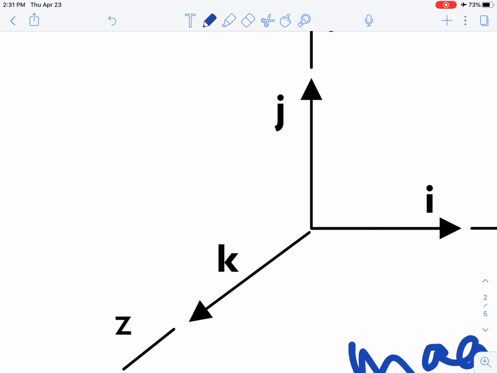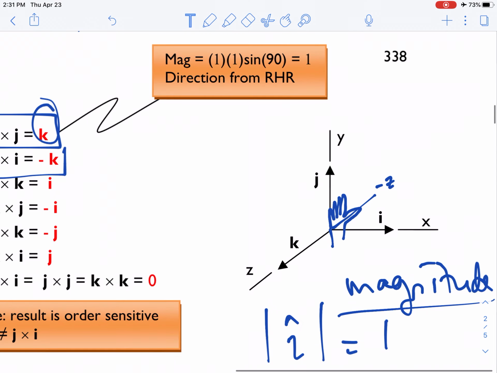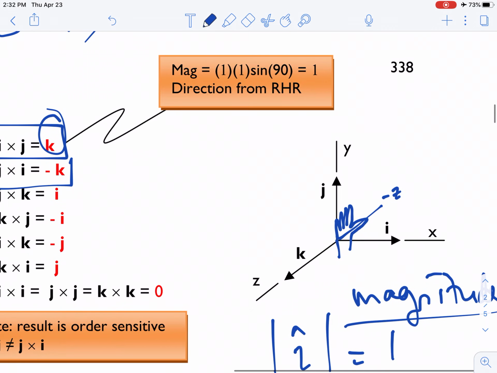Make sure you draw this for the right hand. So you have forefingers along j hat and the thumb is pointing kind of opposite, in the negative Z direction. Then curl your fingers towards the X direction, and you get your thumb pointing along the negative Z direction.